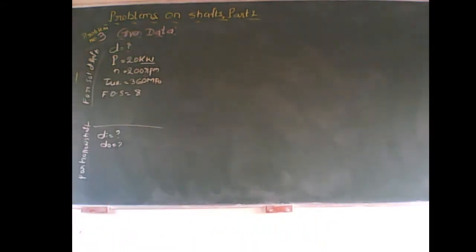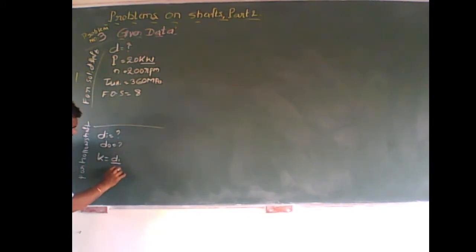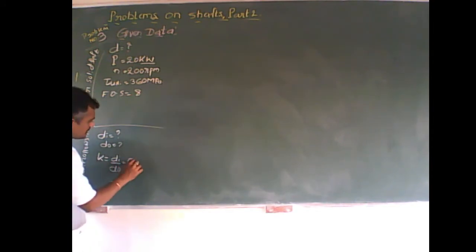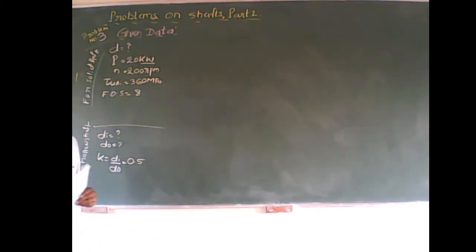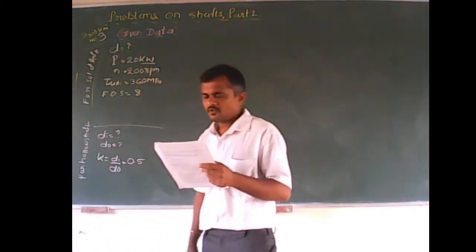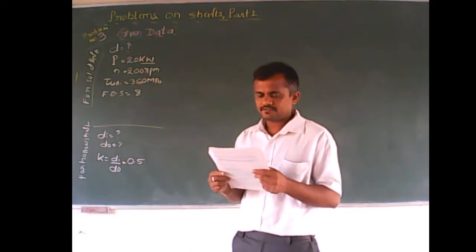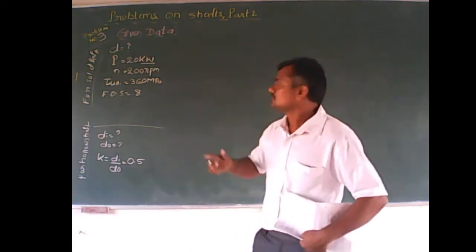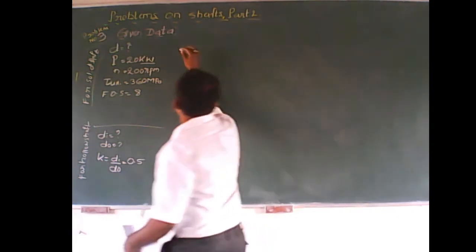We can write it as K equals d i by d outer equals 0.5. It is given as 0.5.